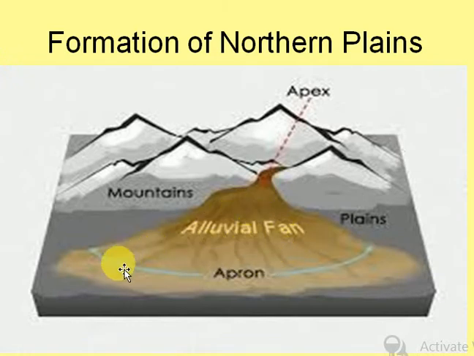This is a good example of an alluvial fan, when the deposition takes place in a particular area. So slowly, after millions of years, this area develops into a plain area. That is why the plains are fertile.